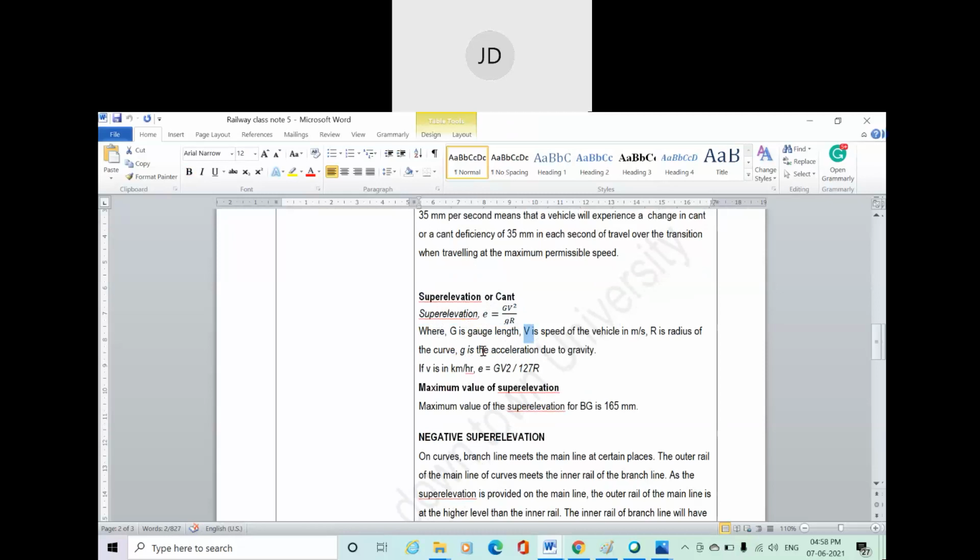Now if you write V in kilometer per hour, the same equation takes this form: GV squared by 127R.